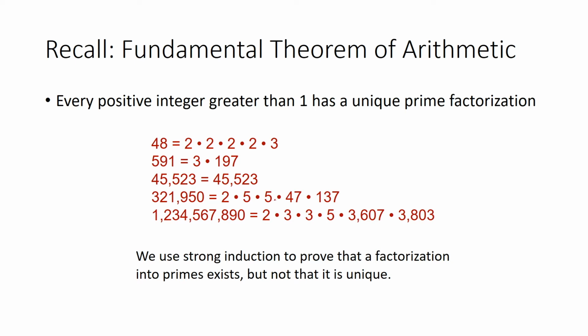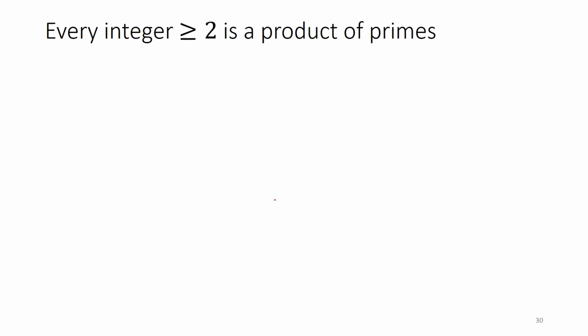So now here is the previous example about the fundamental theorem of arithmetic. There is a unique prime factorization for each composite. We use strong induction to prove that a factorization into primes exists, but not that it is unique.